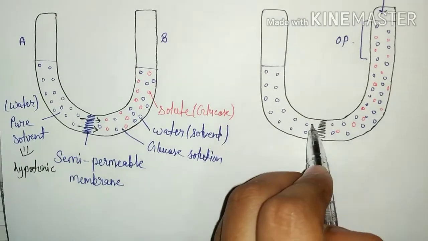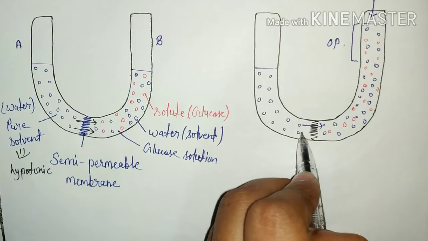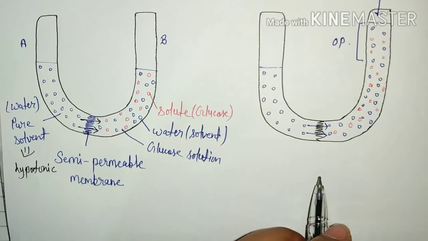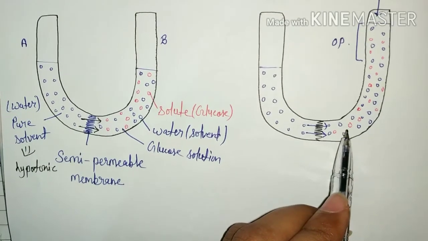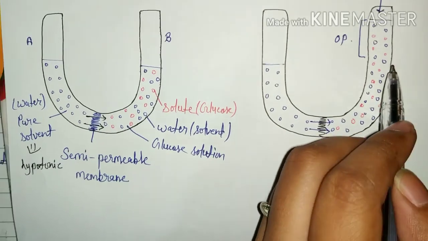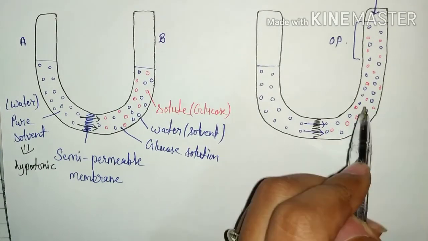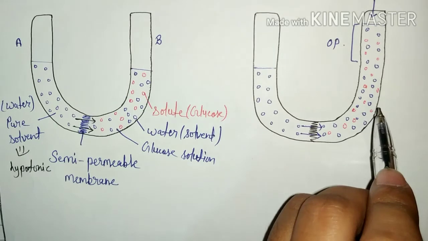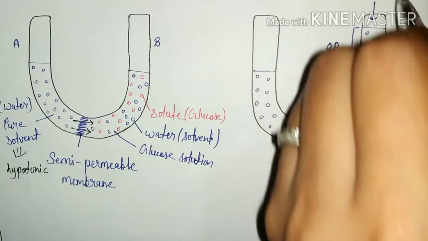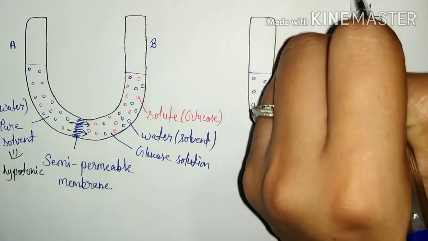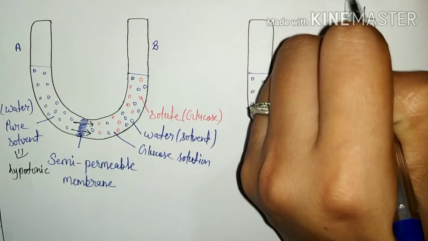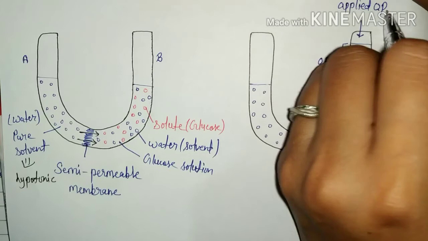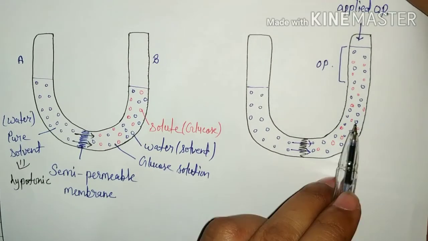Due to the entry of water molecules in the solution, the cell becomes fully turgid and a minimum pressure is applied to the solution which prevents the further entry of water molecules in the solution.